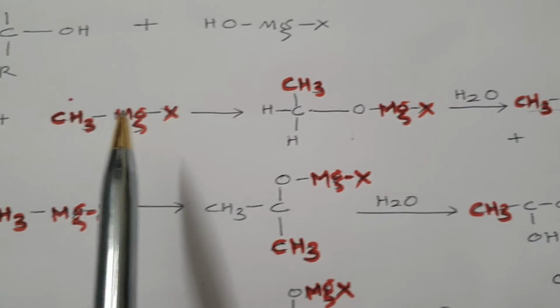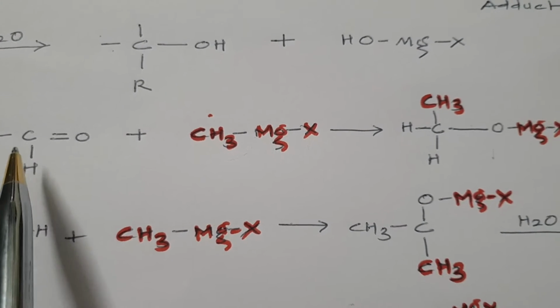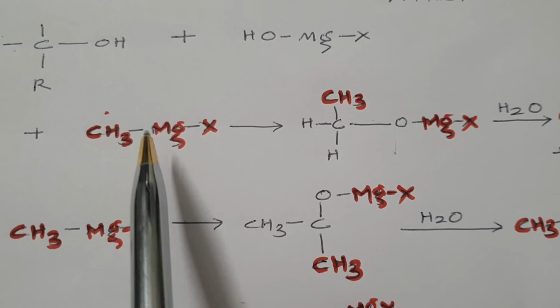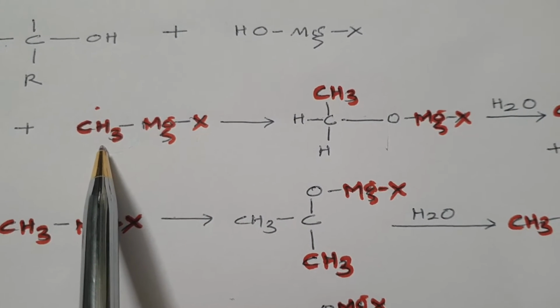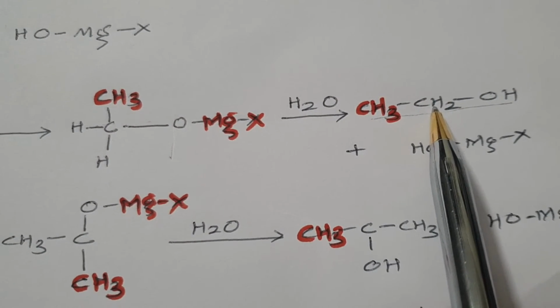So, starting with methanal and adding a Grignard reagent with one carbon atom, it gives us ethanol as our product.